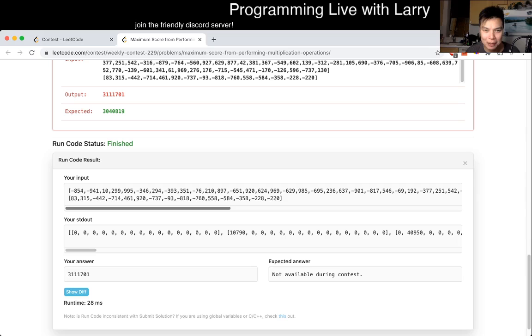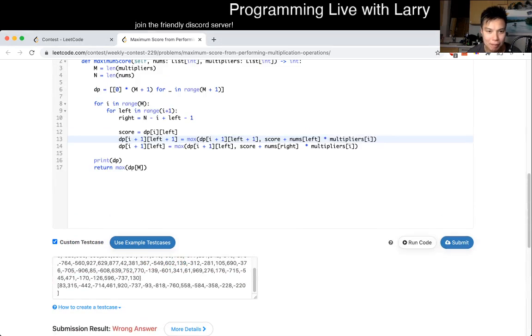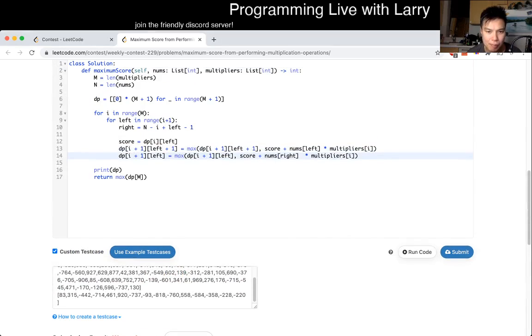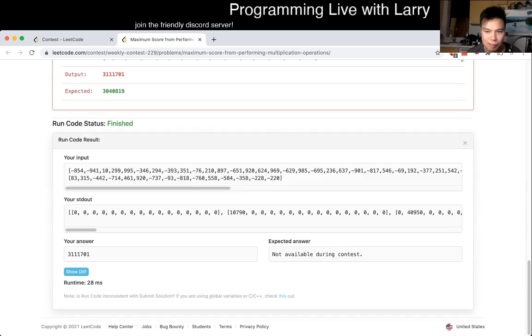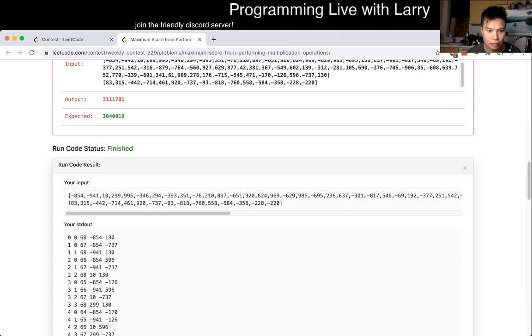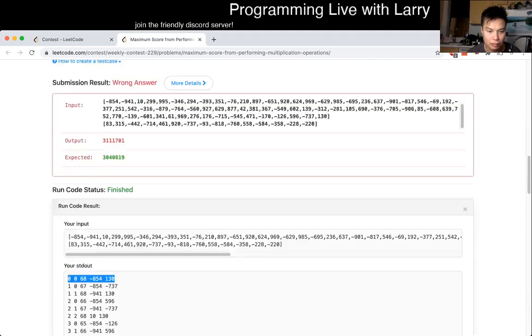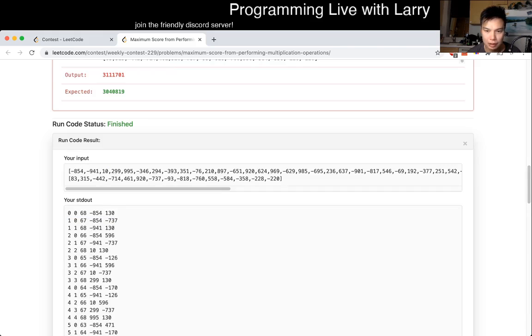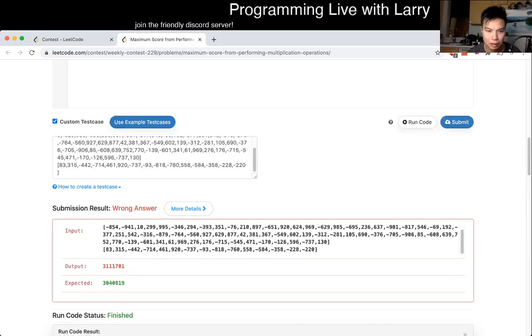Where did the other number go? Yeah, that looks right, actually.